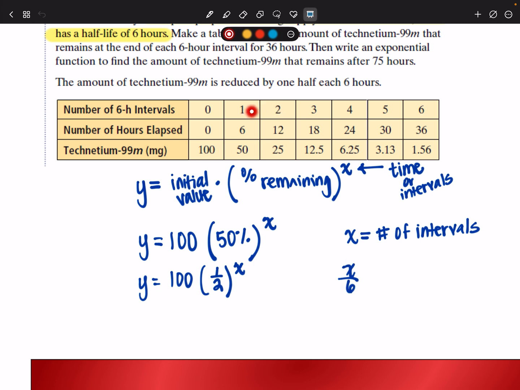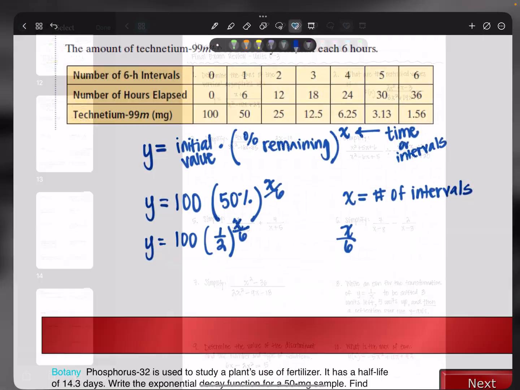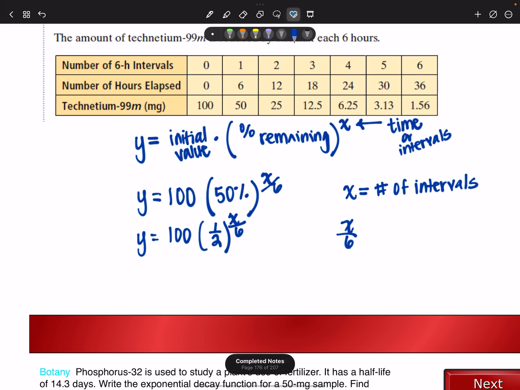So if I have a partial interval, that's why I need to divide by the 6, because not everything is perfect. So we're going to have x divided by 6. And that's going to be an exponent, and it doesn't quite look like an exponent. So we're going to come back up here, and we're going to make that an exponent. And that will be our formula.